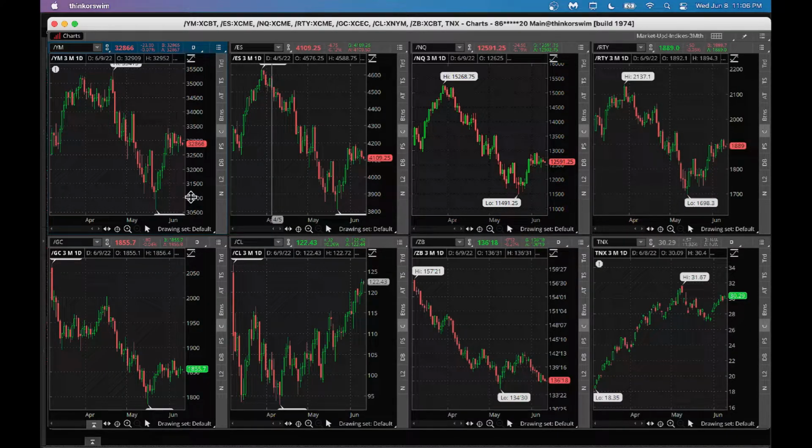Look, from a futures perspective, in the futures market, we got the Dow Jones Industrial Average down about 25 points, and we got the S&P 500 again down as of now, down 5.50, and Nasdaq also down in the futures market, and Russell is also down, as you can see here.